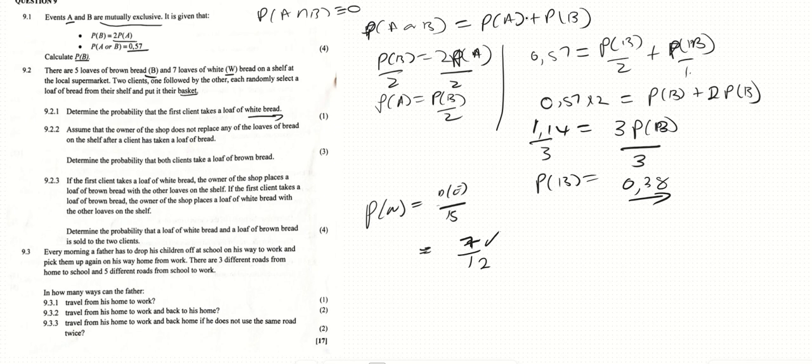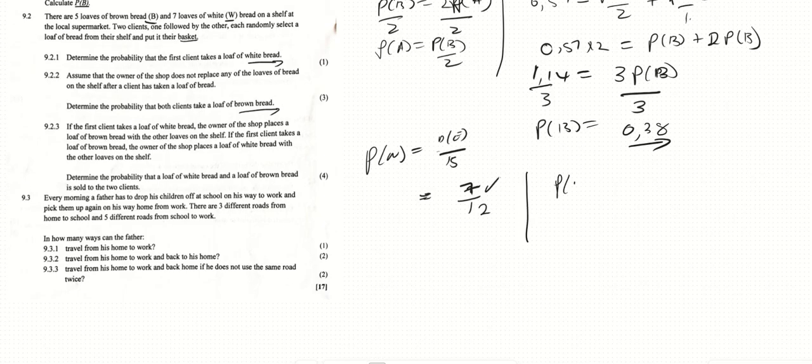9.2.2: assume that the owner of the shop doesn't replace any loaves of bread on the shelf after the client has taken the loaf of bread. Determine the probability that both clients will take out brown bread. So what happens if it's without replacement?